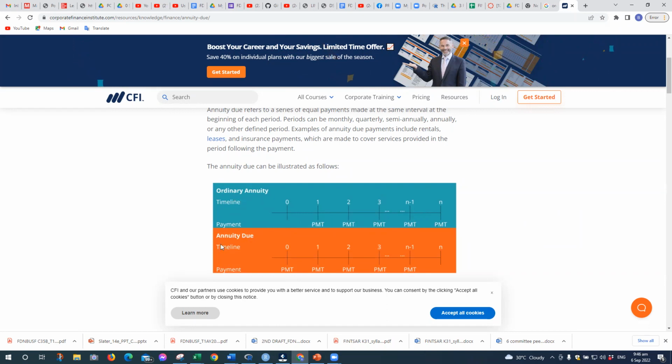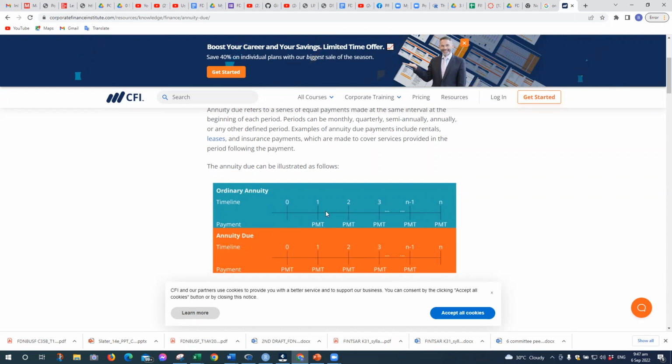On the other hand, for annuity due, the cash flow occurs right now, at time 0, 100, and then 100, 100, 100. And then these are equally spaced intervals of time. As I mentioned a while ago, it can be 1 day, or 1 week, or 1 month, or 3 months, etc. Half a year or 1 year.